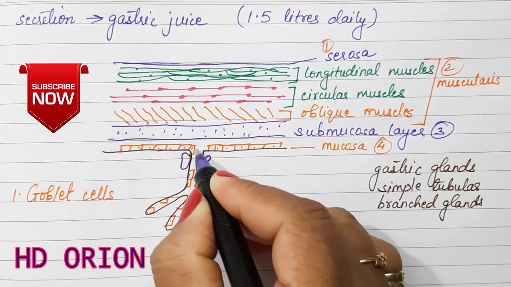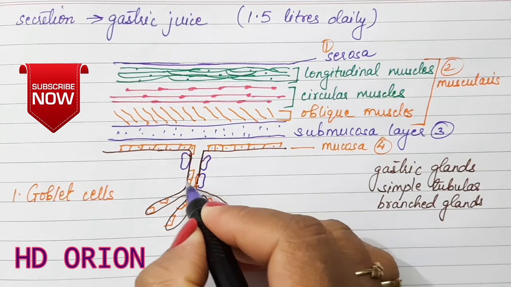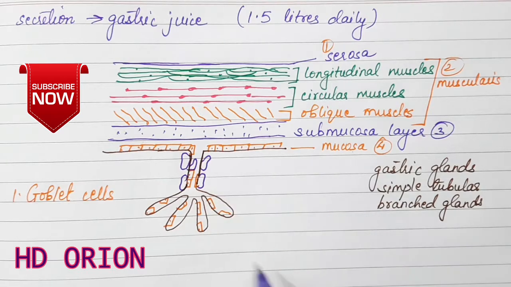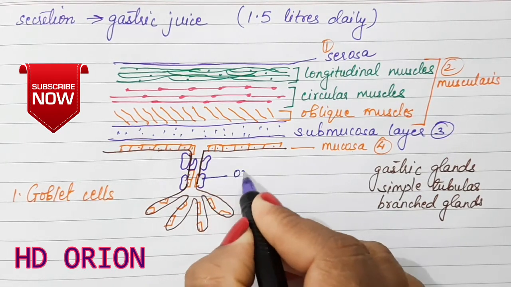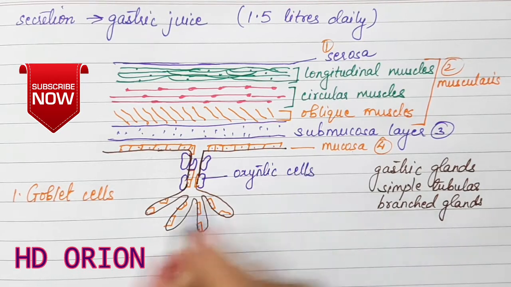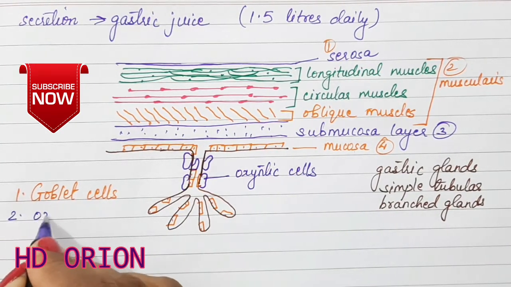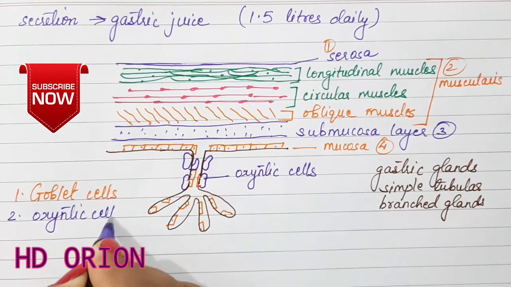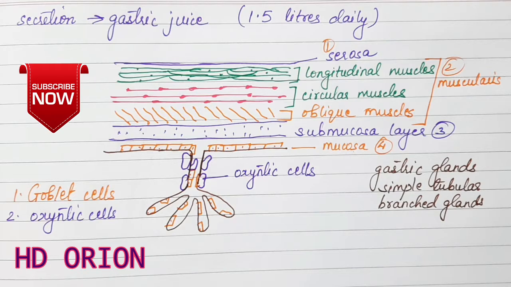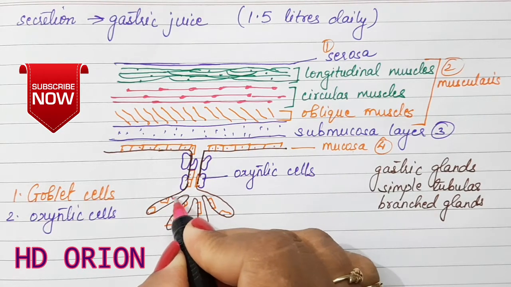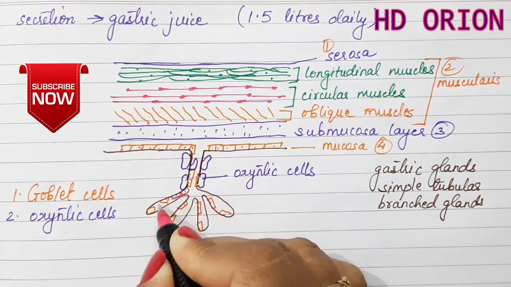These big cells are usually present in this tube-like structure, and these are the oxyntic cells. The oxyntic cells produce the HCl. And the Castle's intrinsic factor we will deal with just now. And then there are more cells which are present.